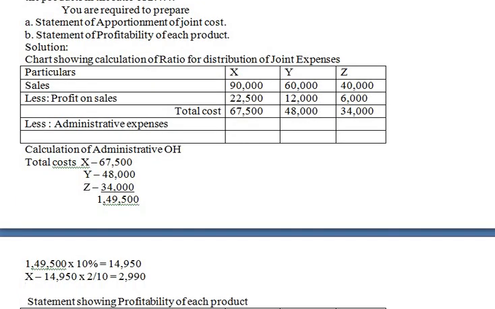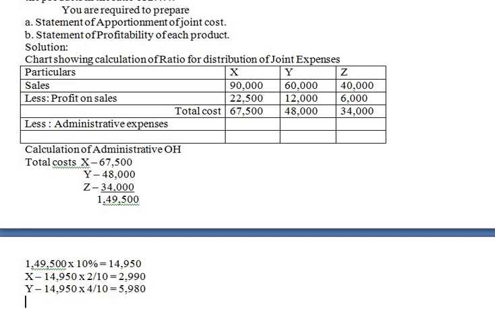Now same thing for Y. 14,950 into 4 divided by 10. That is equal to 5,980.